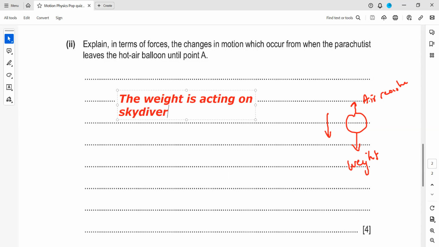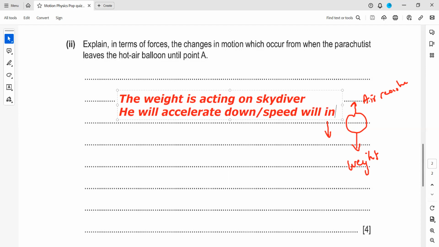That is the first point. What about the second point? He will accelerate downward, or you can also say the speed will increase.